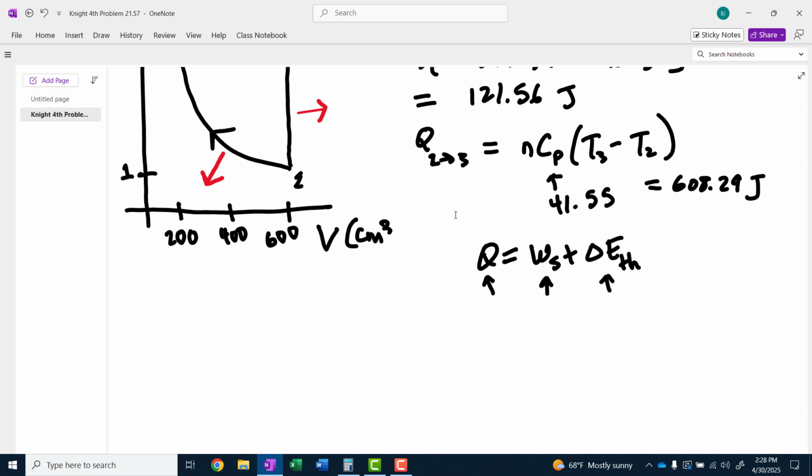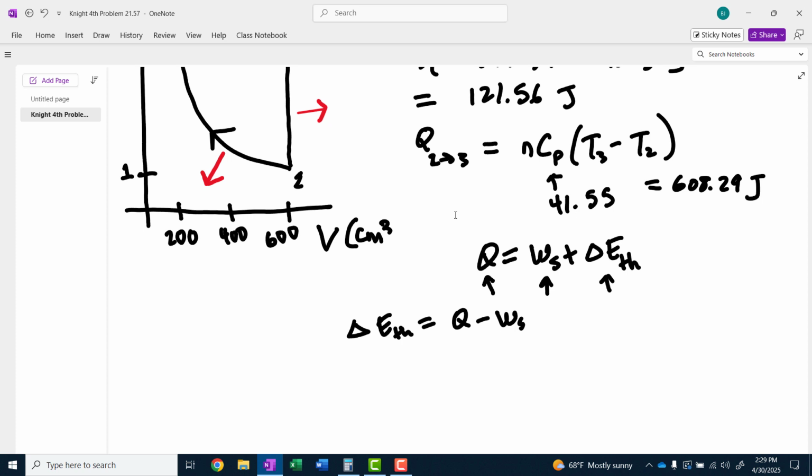In this case, we're solving for delta E thermal, Q minus W_s. So I'll take those 608 joules that were absorbed from the hot reservoir. And notice the problem doesn't specify what this engine looks like. There's no mention of what materials it's made out of, how big it is, the shape. We don't care. We're just analyzing the PV cycle.